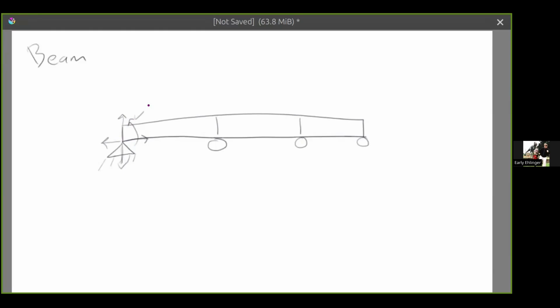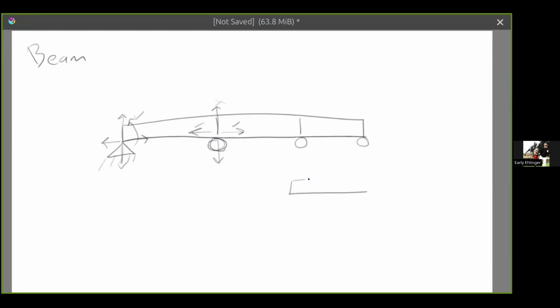That's one type of restraint that you could have. Another is the roller, which prevents movement up or down, but allows horizontal movement. And generally speaking, those are the 2 types of supports that are most commonly used.